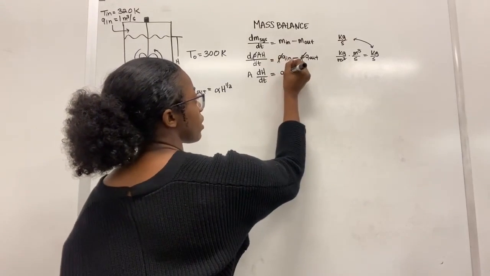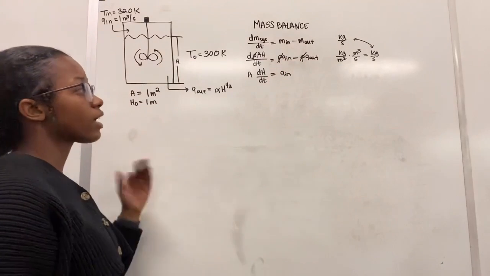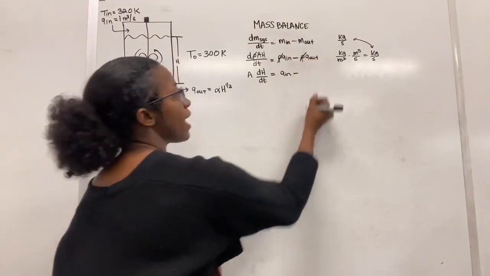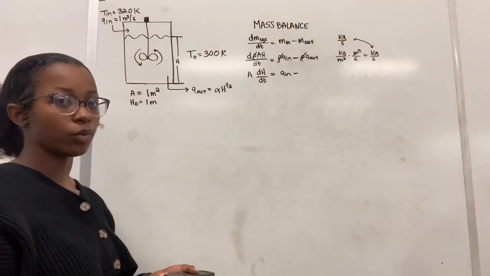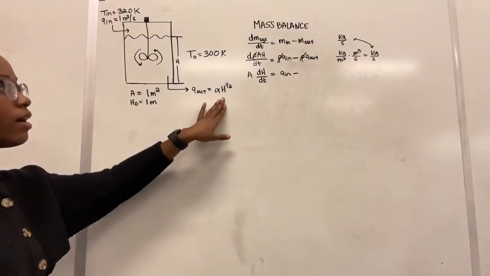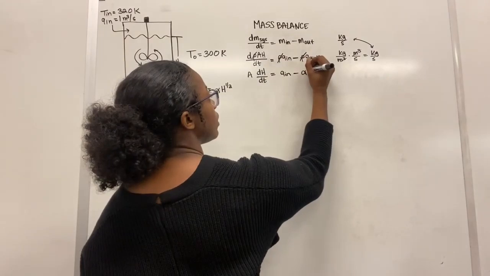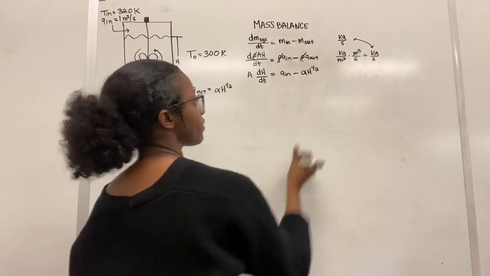And so our flow rate coming in stays the same, but for the flow rate going out, instead of writing Q out, we can substitute this expression here for it, which is alpha times the height to the 1/2.